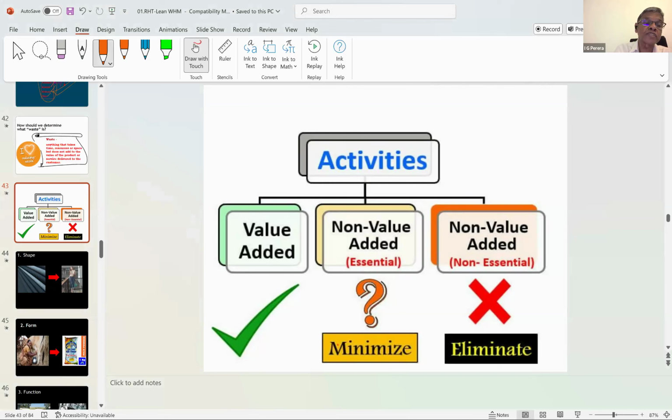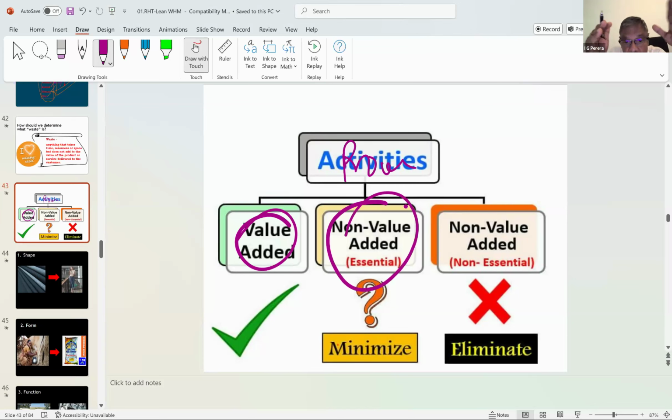So the two types of processes. Some processes are value adding and some processes are non-value adding. But non-value adding processes, still they are required. Although it is non-value adding, it is required.